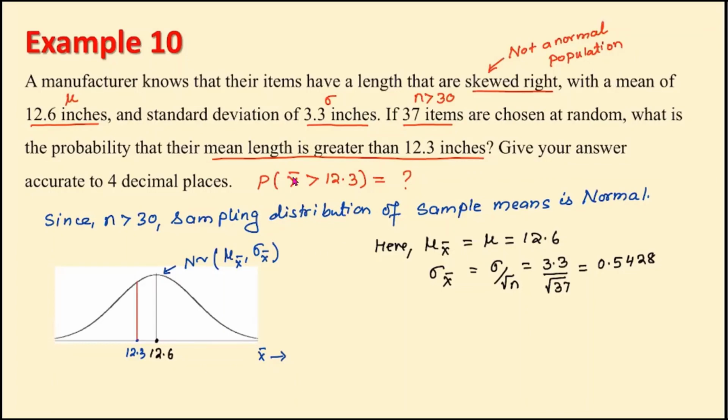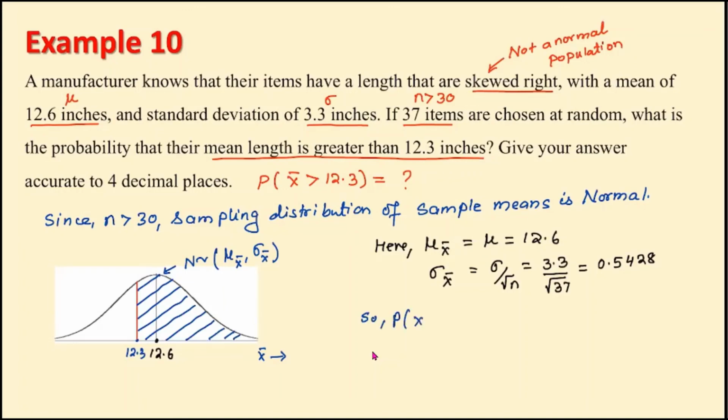We want the probability that the mean is greater than 12.3, which is on the right. And we're looking for the probability, which is the same as the area. So the probability will be equivalent to this area here.